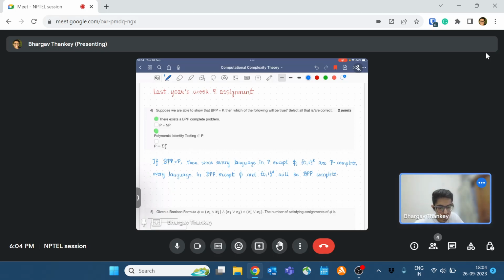So every language in P except these two is P complete.